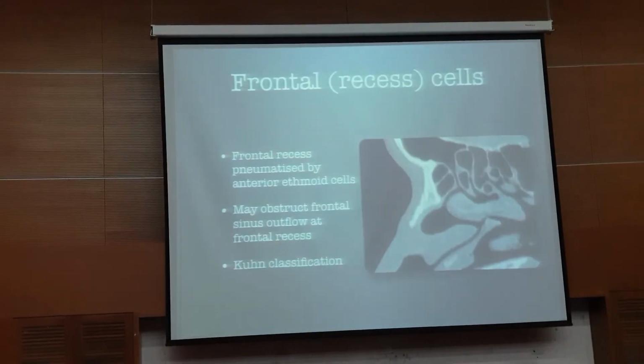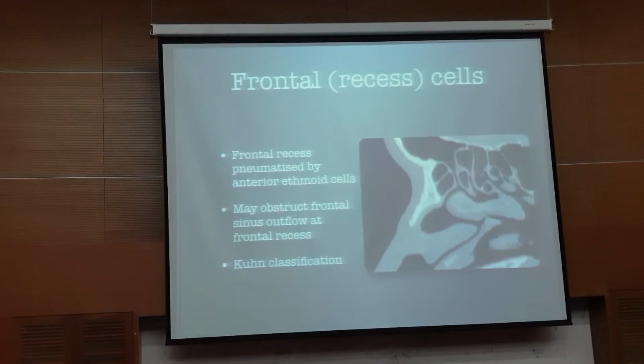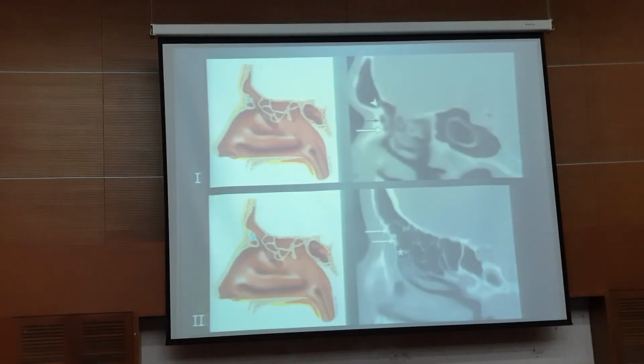And there's this classification for frontal cells that has been described, the Kuhn classification. In essence, if the cell is singular and is entirely outside the frontal sinus, it is type 1.